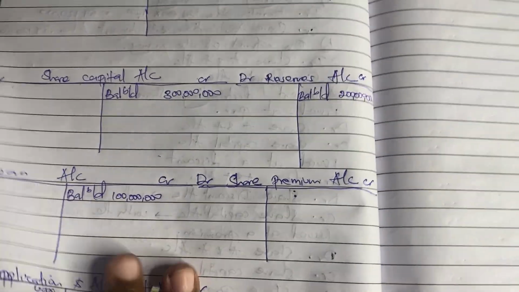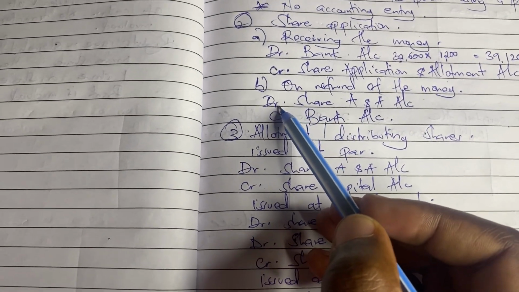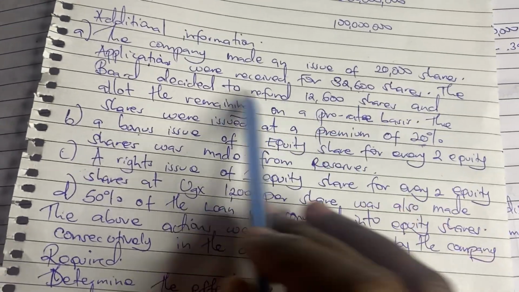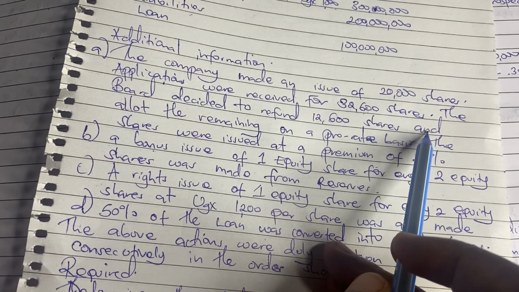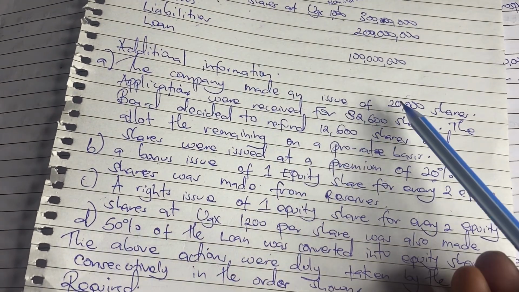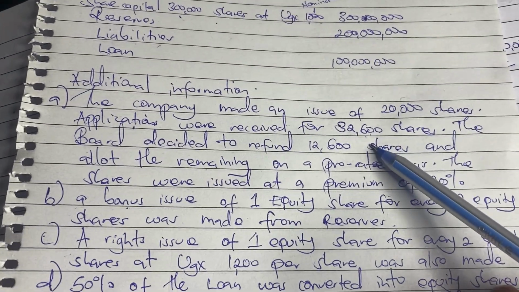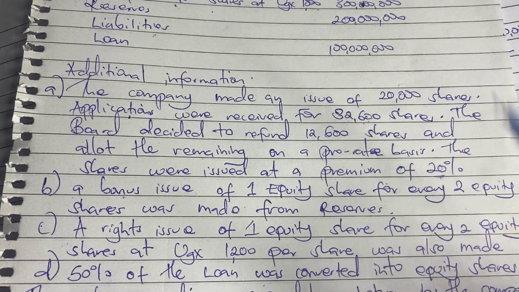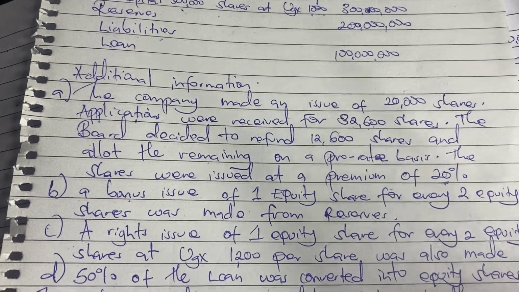Like that. Then we said on refund of the money, we debit share application and allotment and credit bank. So they have told us the company decided to refund the 12,600 shares. Since the company issued only 20,000 shares, but they received application of 32,600 shares, meaning there was an excess in application, so they have to refund the excess.